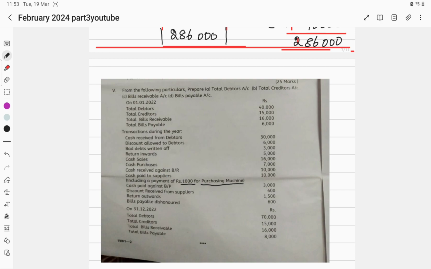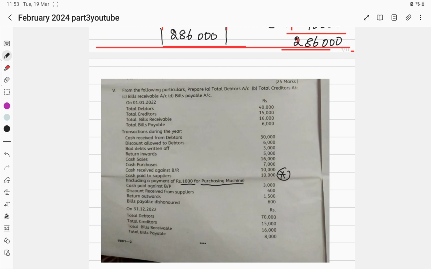Please understand here, the payment of 1,000 for purchasing the machine is not included in paid to suppliers. So we have to subtract this amount from 10,000.